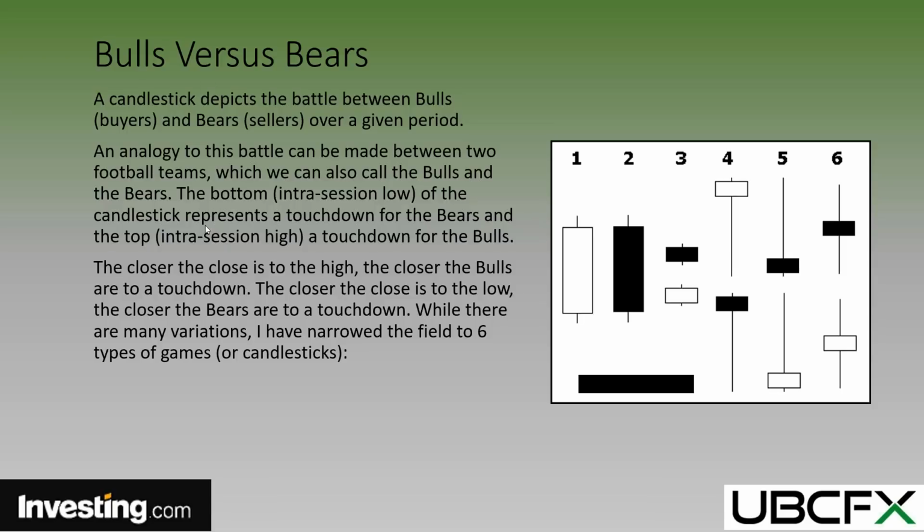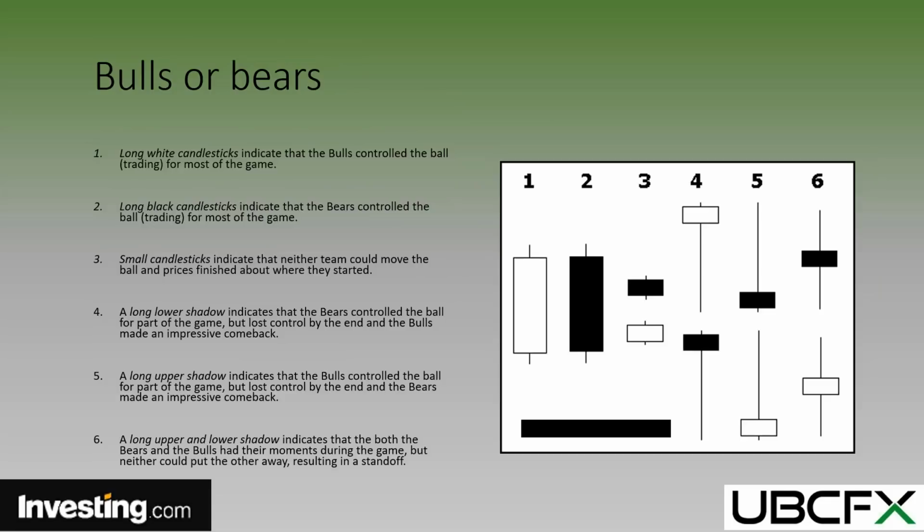Okay. And as you saw in our little presentation, it's starting to tell you what market sentiment is, who's controlling the market, and what the overall sentiment is. Now, there are only basically 6 different variations.